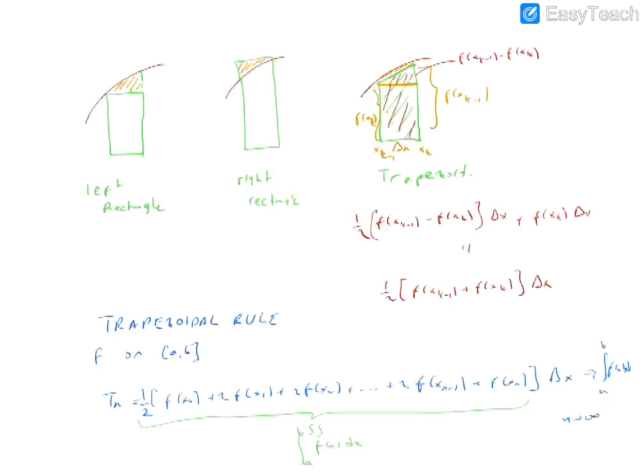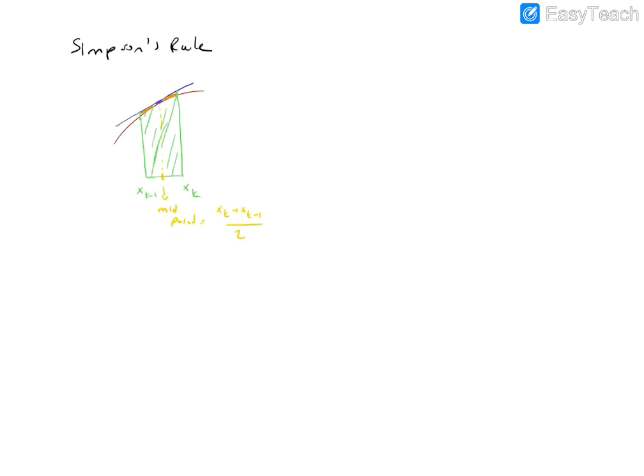Okay, so for the Simpson method, actually always here from this figure you can observe the trapezoid rule Tn is less than, and sometimes may equal, the area, the integral from a to b of f of x dx. So this underestimates the area. In the Simpson rule, we denote it by Sn.